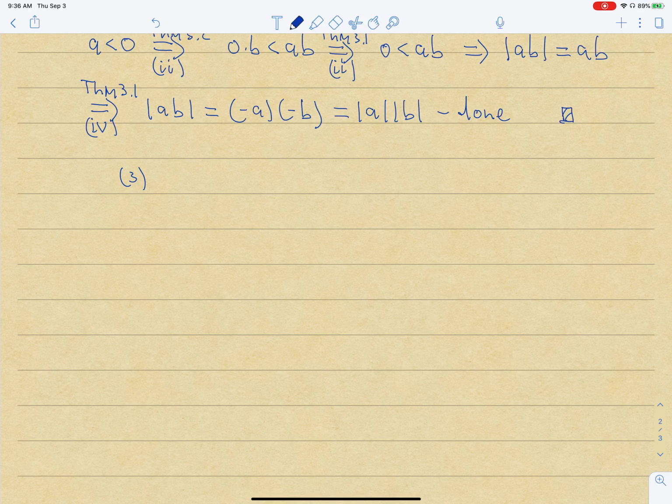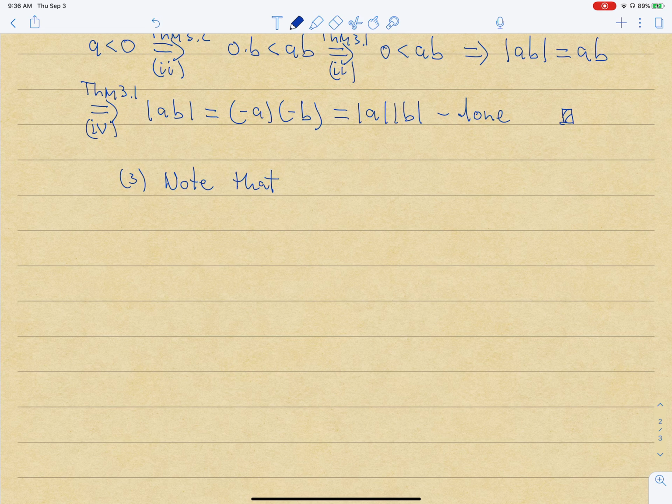So note that, and actually I'll ask you to prove this for yourselves, that if I take A and I compare it with absolute value of A, then for sure I know that absolute value of A must be greater or equal than A. So again, I would ask you to verify this.